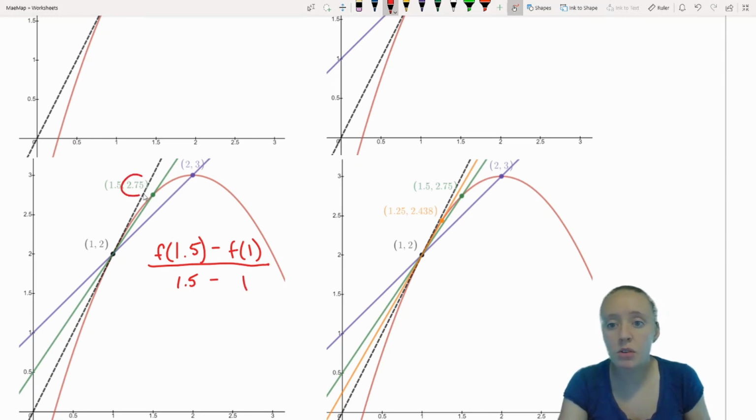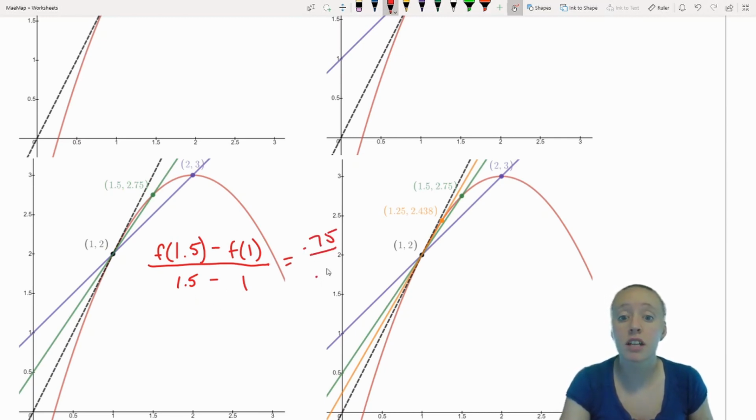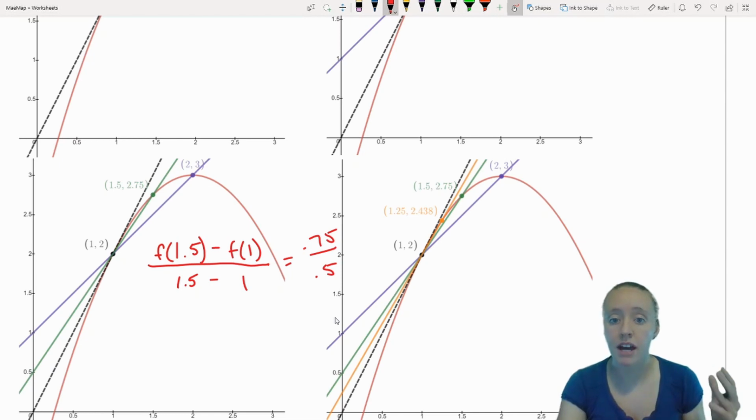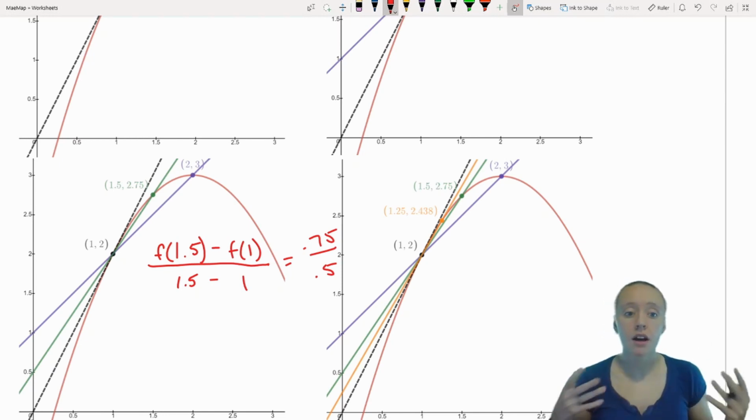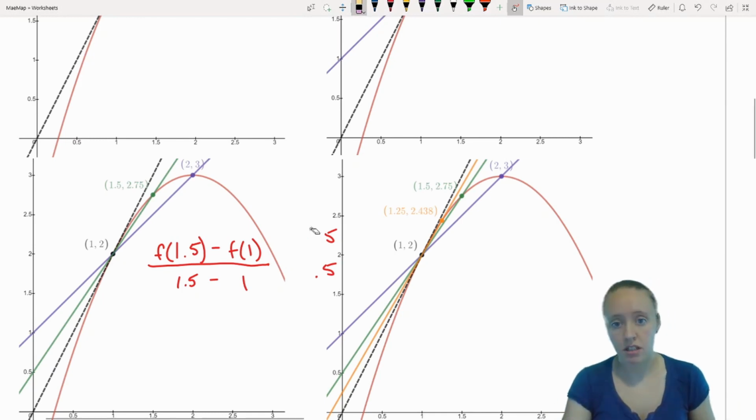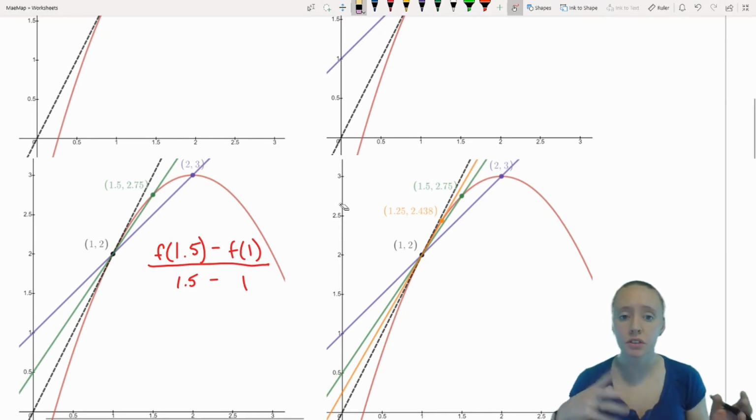So you can see this is going to be 2.75 minus 2, which is going to give me 0.75, over 1.5 minus 1, which is going to give me 0.5. 3/4 over 1/2 is going to be 6/4 or 3/2. So now I have a slope of 1.5. So my slope is even steeper. But like I said, I'm not too focused on that value.